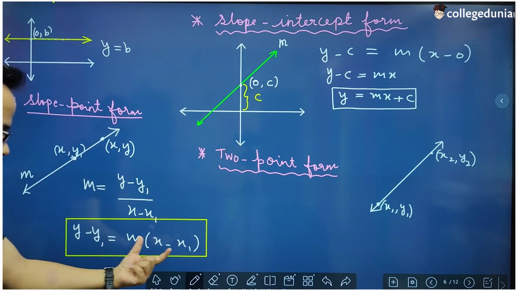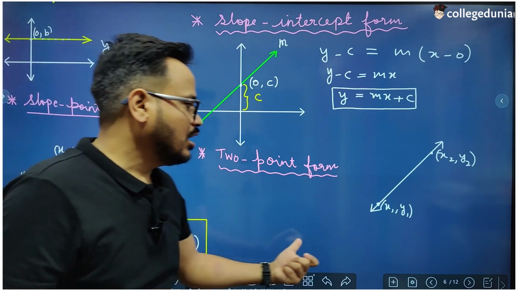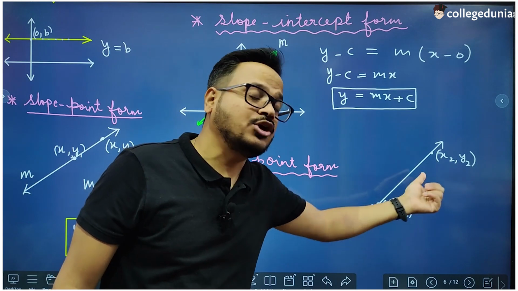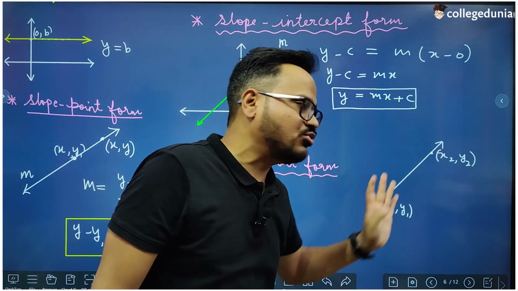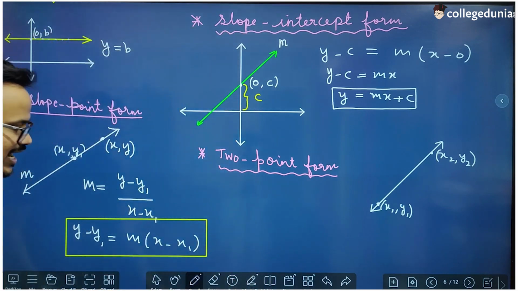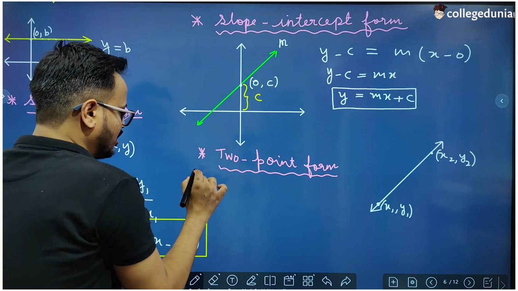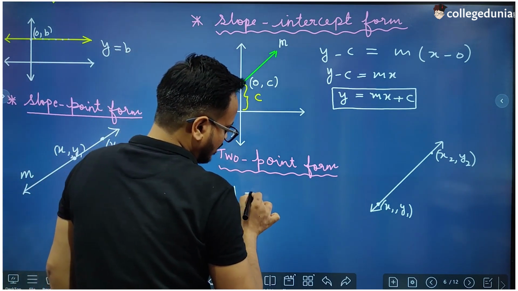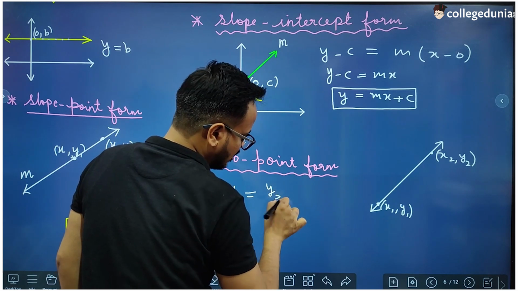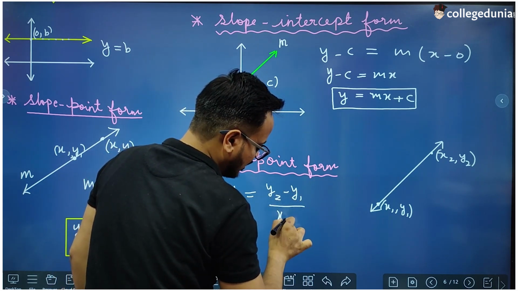So using this form, first we will find the value of m. M is what? Since the 2 points are given on the line, then the value of m is obviously y2 minus y1 by x2 minus x1, and then we will put that value of m in this equation and we will get the so-called 2-point form of the line.